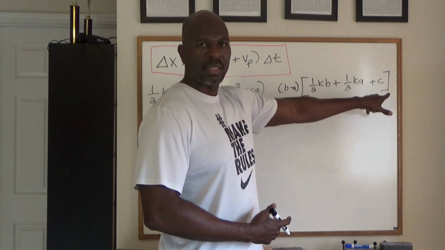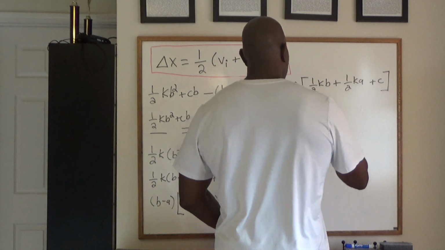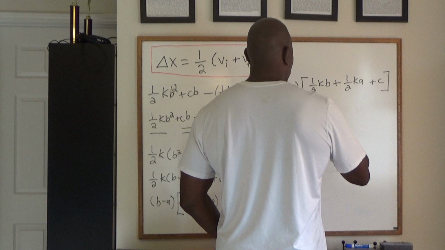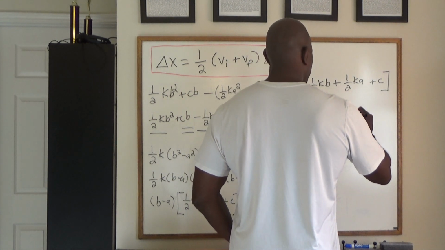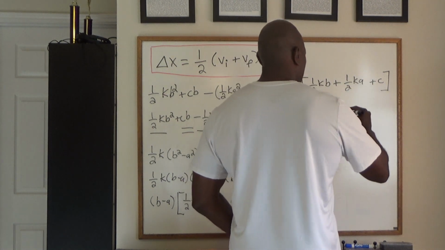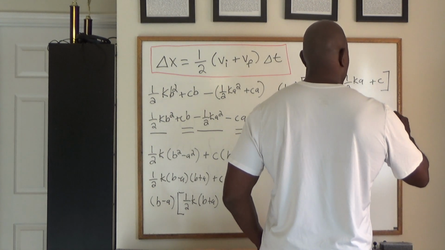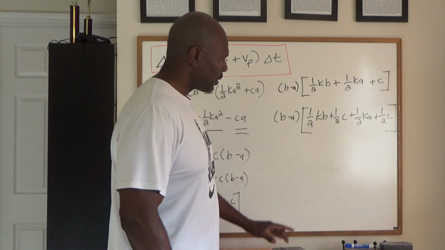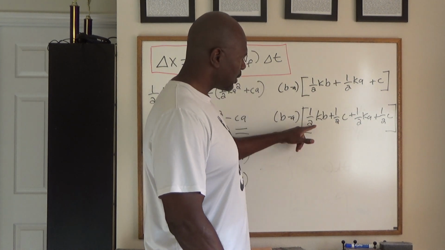It's going to look like this. So I still have the b minus a times 1/2 kb plus 1/2 c, plus 1/2 ka plus 1/2 c. And that's the reason I broke this c up into two 1/2 c's.